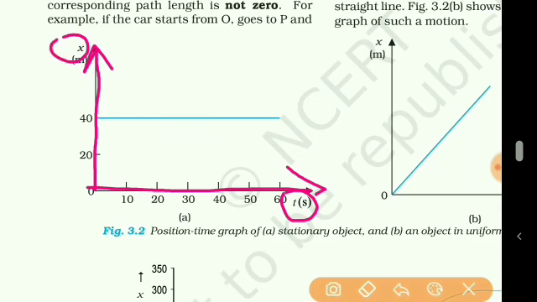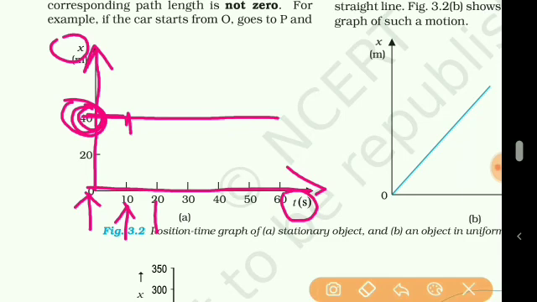Now here you can see this is a straight line graph. Here the position of the particle is 40 meters at time t equal to 0. After 10 seconds it was found that the particle is again at the same position. At 20 seconds also it is here only.